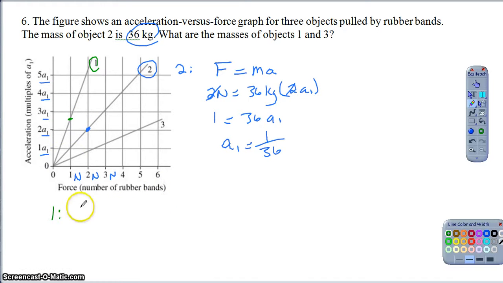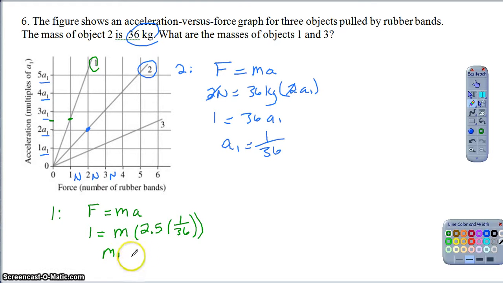So for that first one, when the force is 1, I'm going right back to force equals mass times acceleration. When the force is 1, I'm looking for the mass, and I know the acceleration is about 2.5 A1, so it's about 2.5 times A1, which I've just defined as 1 over 36. So once again, it becomes a matter of solving for m.